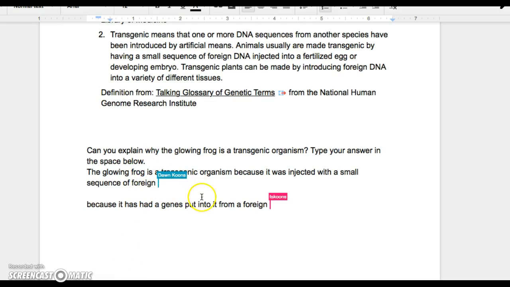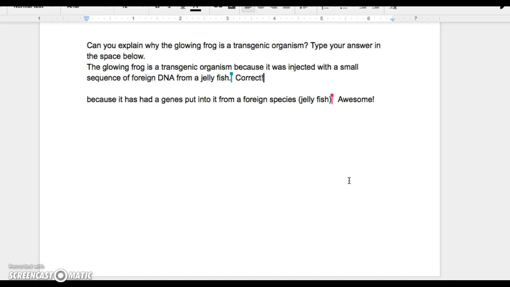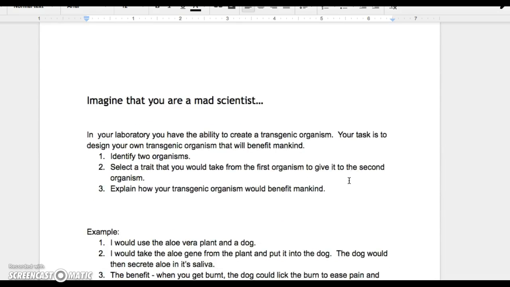That's good. Tim's down here saying because it has had genes put into it from a foreign species. And Steve's adding the jellyfish thing. And so they're both right. So that's very cool that they got that.